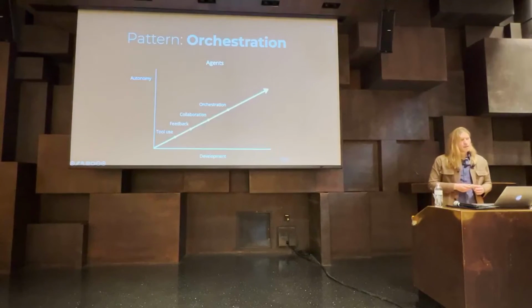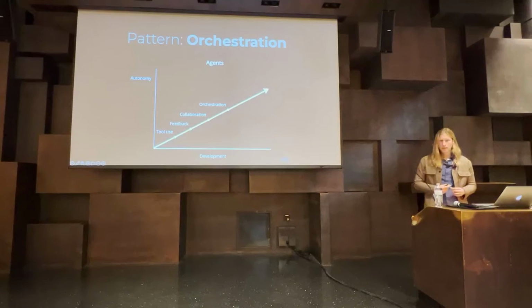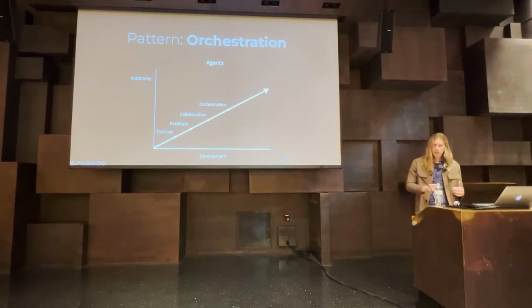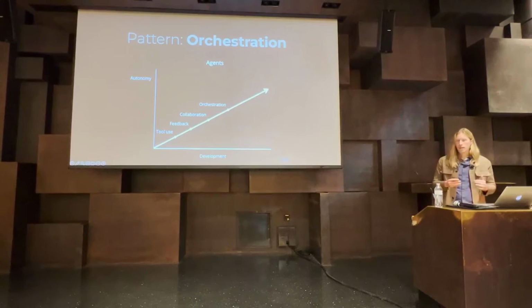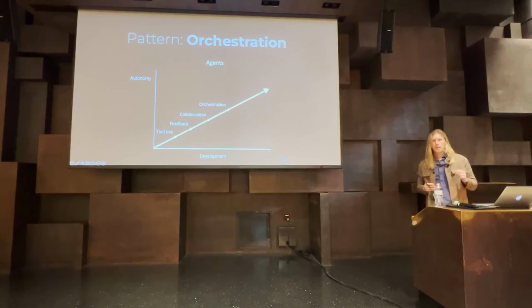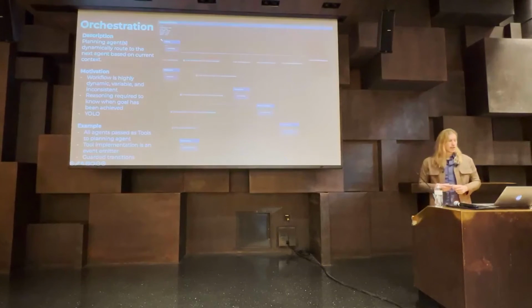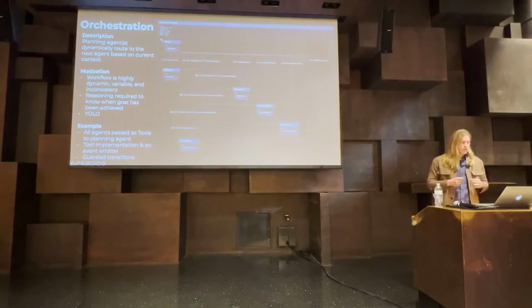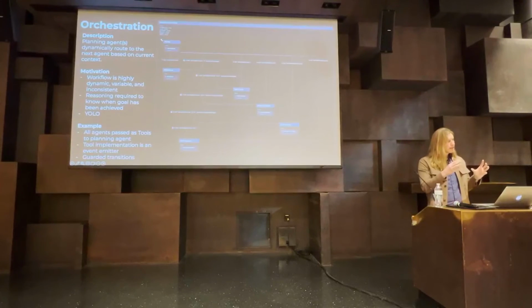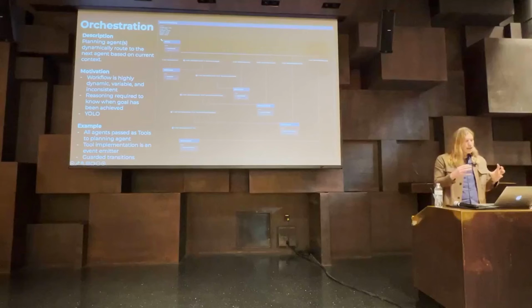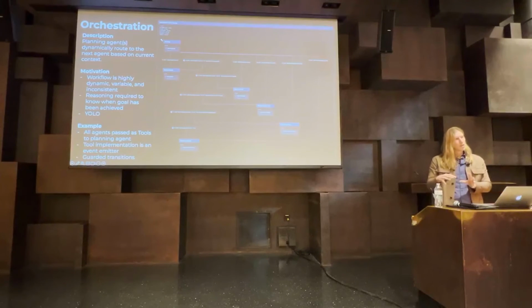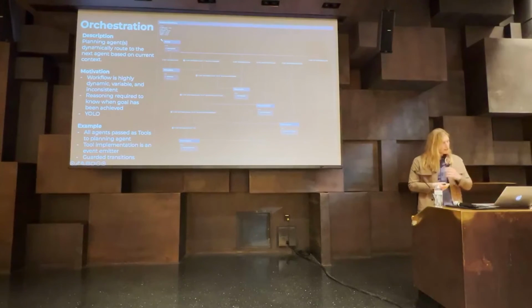Next up, agentic orchestration. So instead of having a predictable path between our individual agents, what if we want to give that direction to an LLM to decide what that next state is? And that's agentic orchestration. So we have a central planning agent that can dynamically route to the next agent in the flow based on its current context.